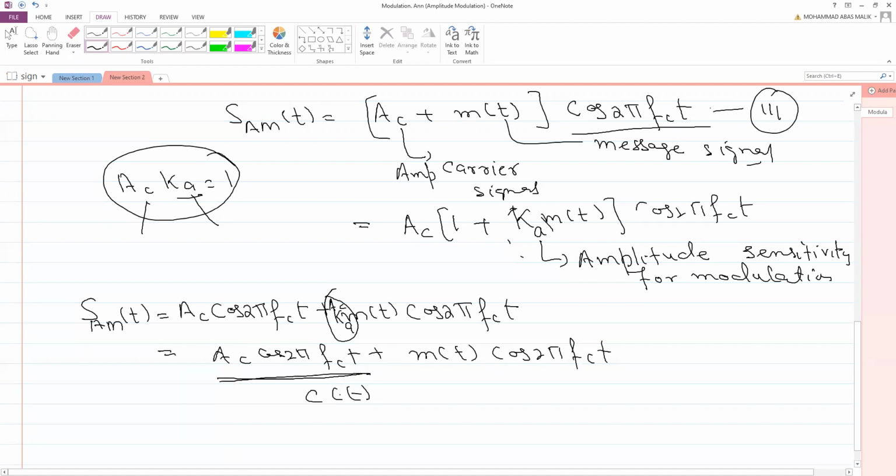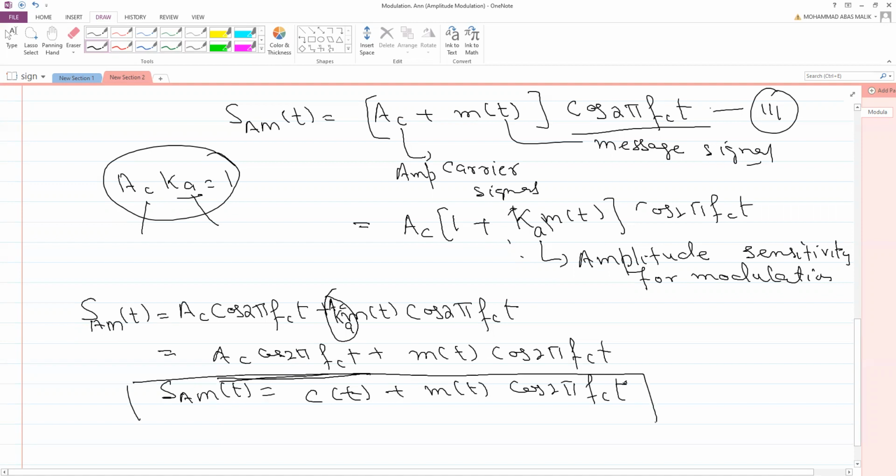That means you are adding to the carrier c(t) the term m(t) cos 2 pi fc t to get the amplitude modulated wave. This is the final expression of the amplitude modulated wave.